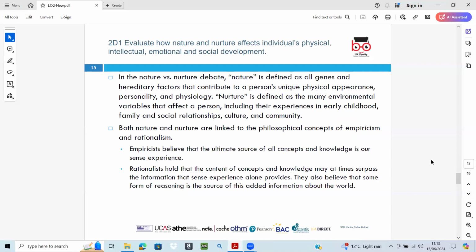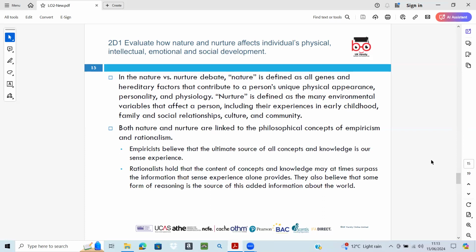Now here we have the distinction criteria, that is 2D1. We have to evaluate how nature and nurture affect individual physical, intellectual, emotional, and social development.